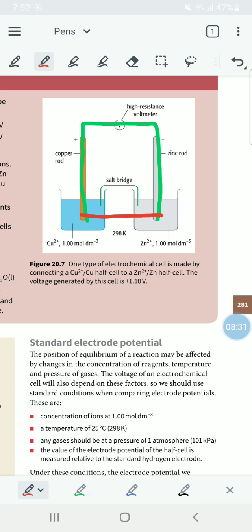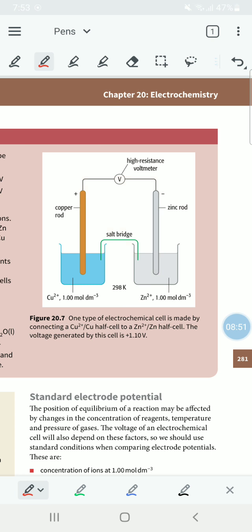So how is it connected? It is connected by using this salt bridge. That's how it is done. This makes the connection here, but because it is the ions that are involved, ions have the ability of moving. I hope you understood that. Well, moving on.